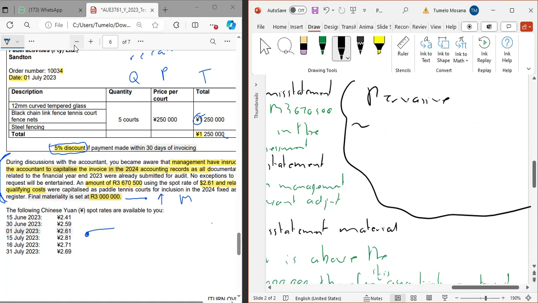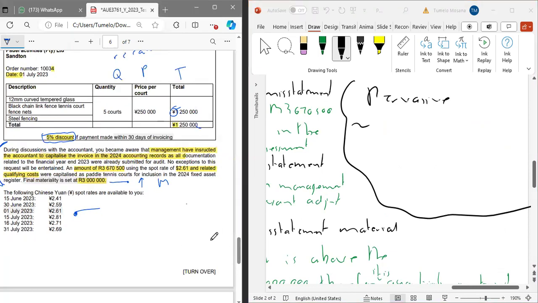If we take a closer look at this scenario, we are only impacting the PPE, which is the fixed asset, and the creditors, the people that we owe. So it is only with reference to two lines, so it is not pervasive.